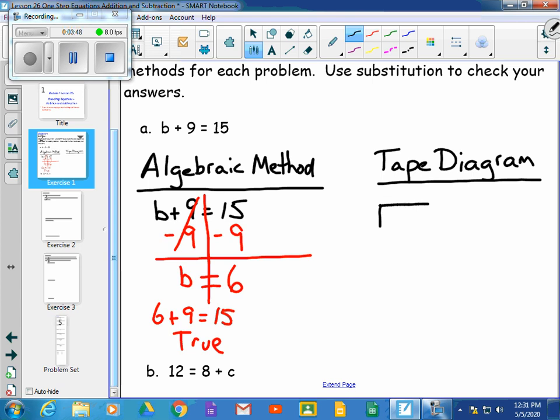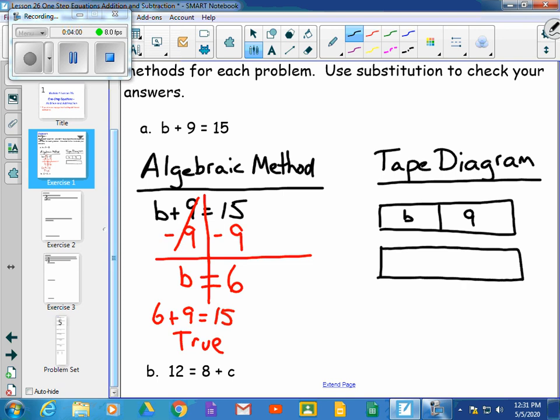On one side, you have a tape where b is put together with 9, b plus 9, and that is going to be equal to another tape that is 15. So that whole piece of tape is 15. Since they're equal sizes, you can split them up the same like this, and we know this much is 9.